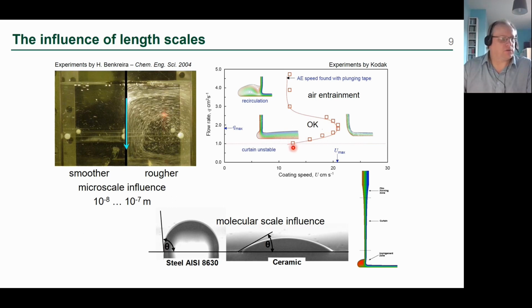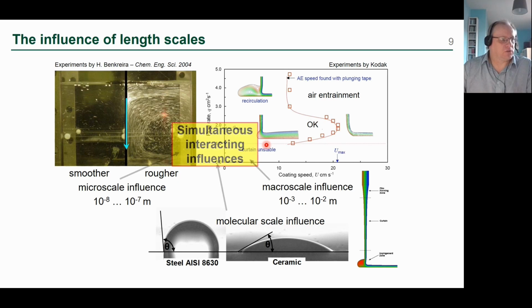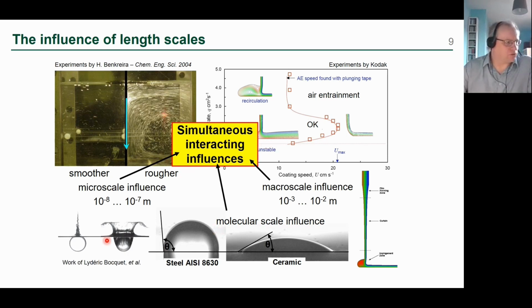So this is an influence on the wetting of the order of centimeters, which is the size of these geometries. So a lot of simultaneous interacting influences on wetting. And there's a nice little illustration here from a group in France where they dropped two spheres. So the spheres are identical, except that the one on the right has got a nanoscale roughness compared to the one on the left.